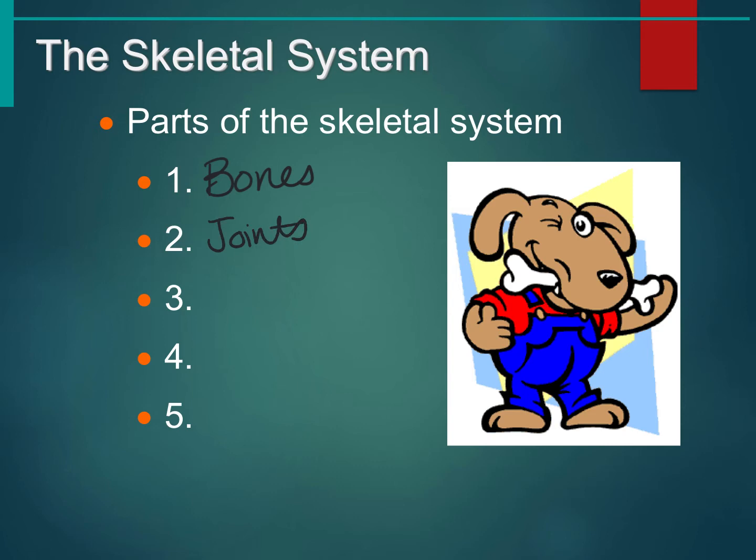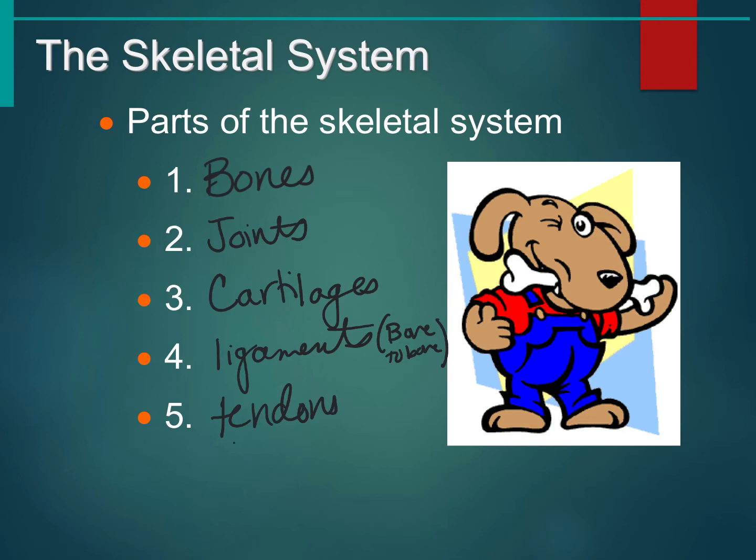And then as we talk about joints in particular, we will also be talking about cartilage, and ligaments, which hold bones together. Ligaments are bone-to-bone connectors. And then finally, tendons.